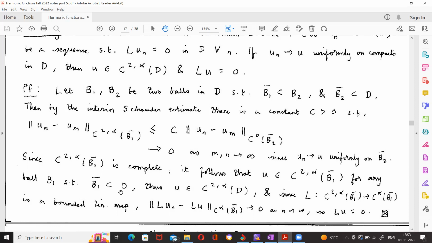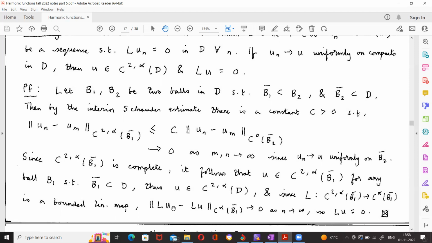Is this clear? Yes. So that proves the limit function is also in C2,alpha. So therefore, it's in C2,alpha of the whole domain. And finally, since L from C2,alpha of B1 closure to C alpha of B1 closure, we already saw, is a bounded linear map, therefore Lu_n will converge to Lu, right?